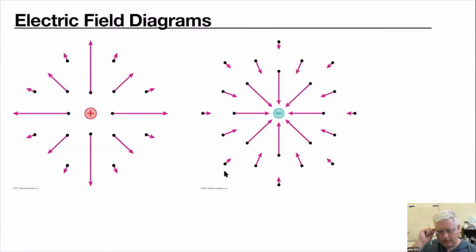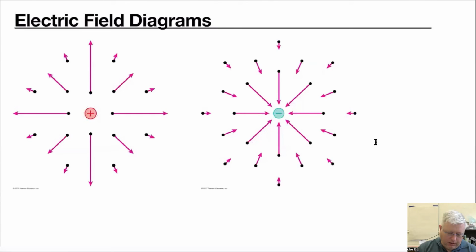All right, so now here we have, this diagram is nice because it shows us how when you have a positive point charge or source charge, then the electric field points away. We can see the arrows pointing away. This is also a nice little diagram showing us the vector nature of a field, right?